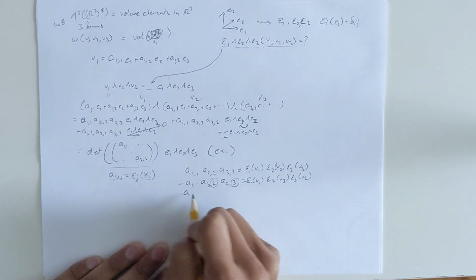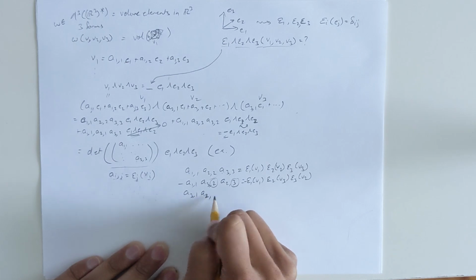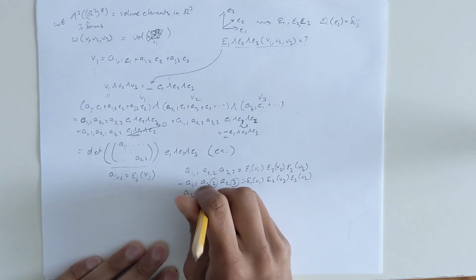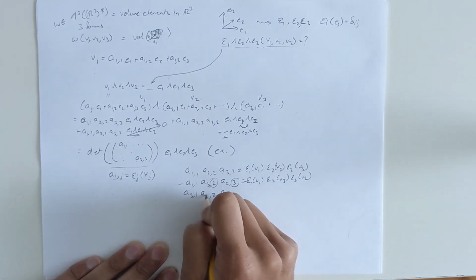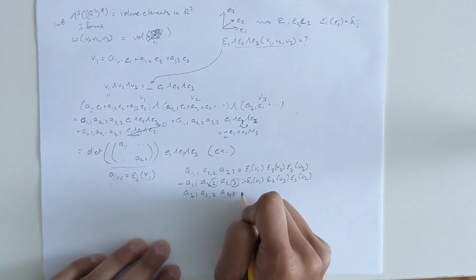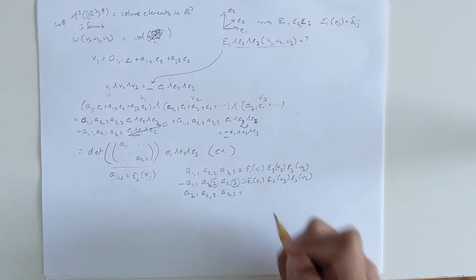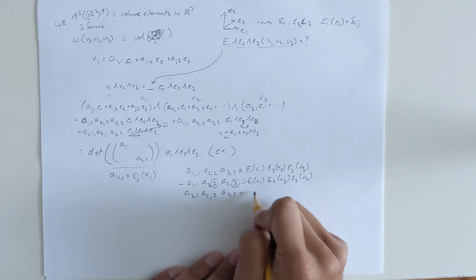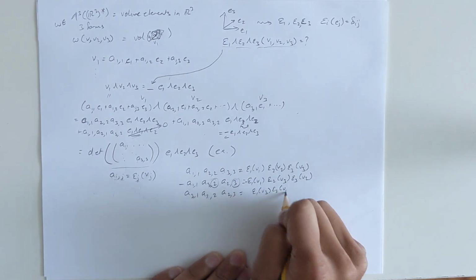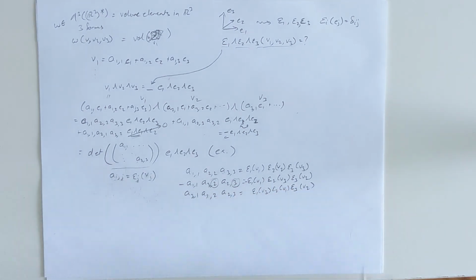And then maybe you'll have another term which will look like A31, A22, or let's make it more interesting, A12, and then A23. And this will have some sign, which I'll determine in a moment. But this will essentially be epsilon 1 v3, epsilon 2 v1, and epsilon 3 v2.